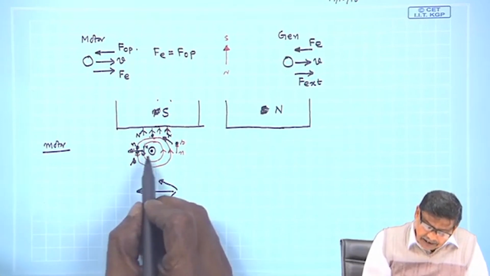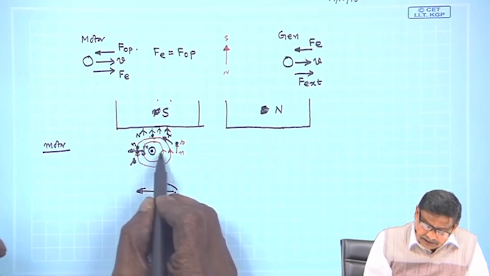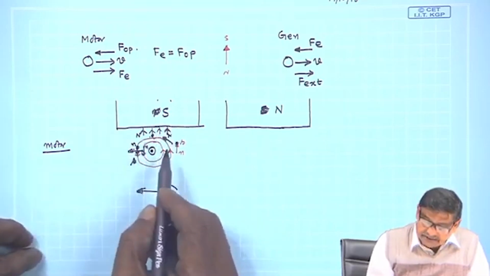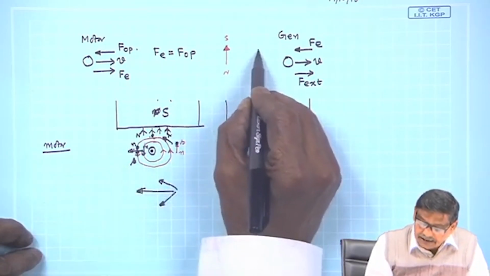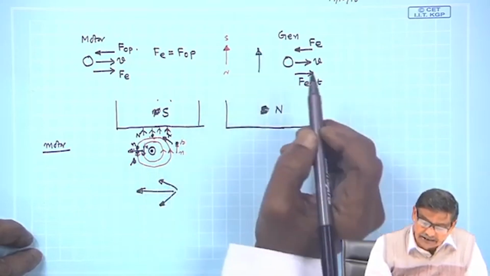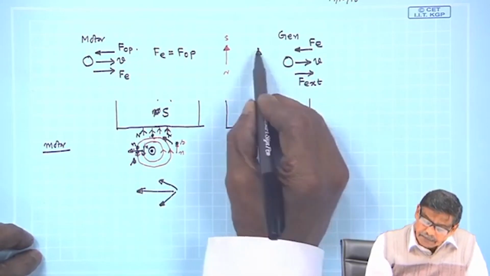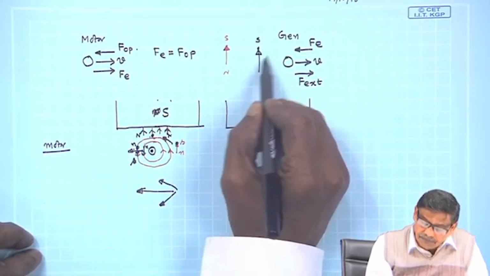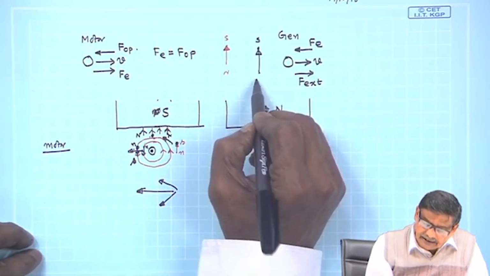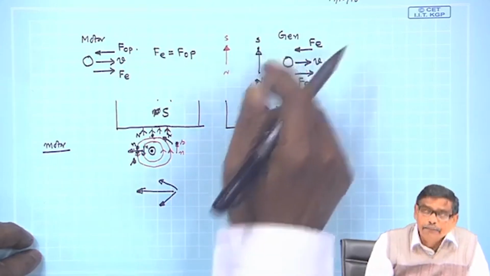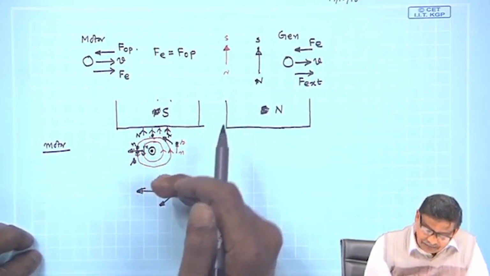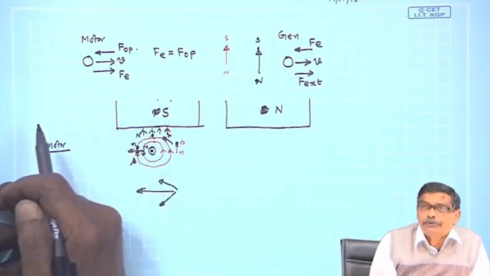Depending upon the direction of the current, I can draw the flux lines it creates, and recalling this fact, any flux lines you draw like this means this tip is heading towards the south pole and this side is a north pole.